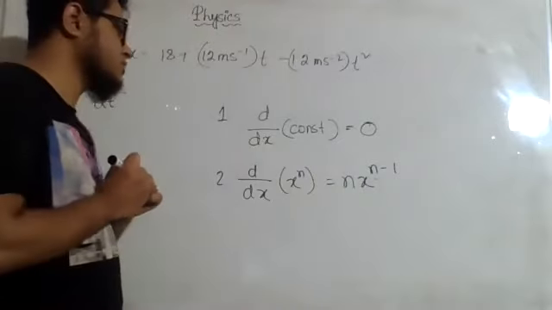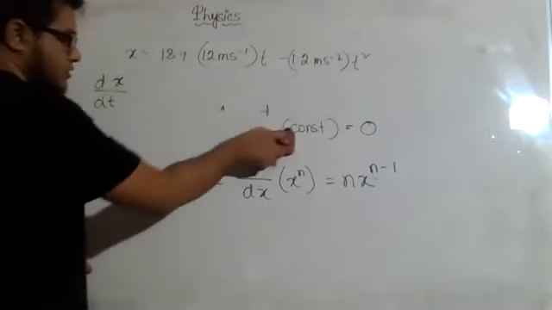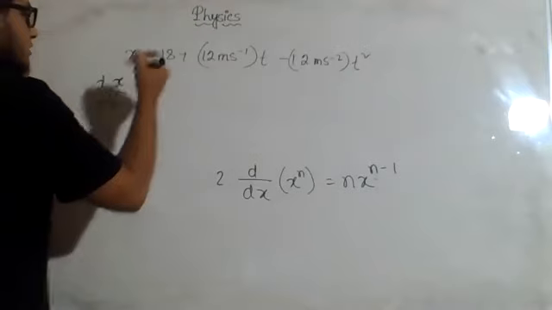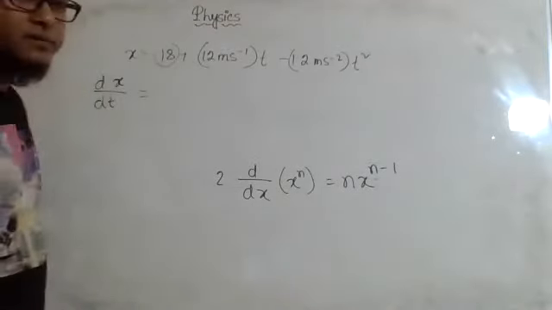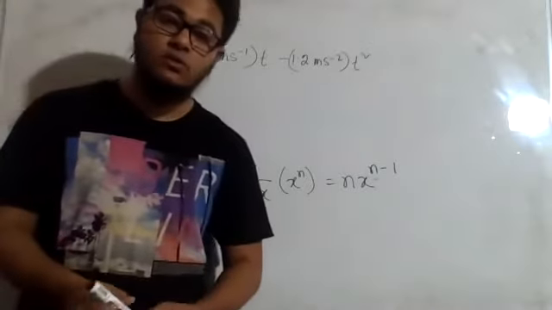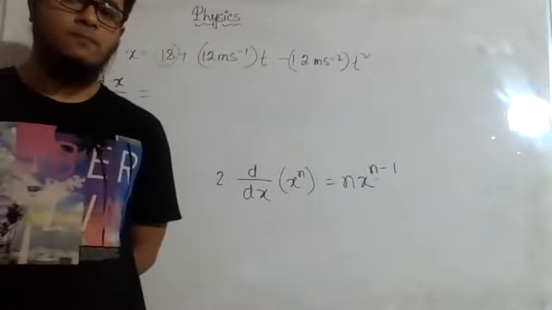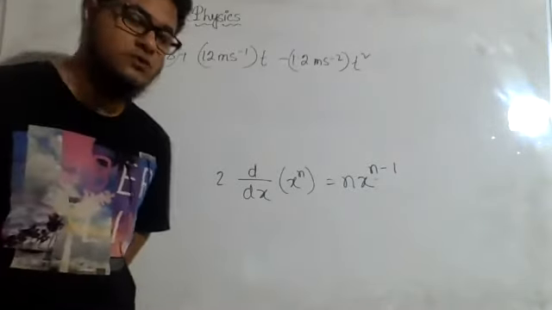So now let us try to apply this formula over here. Let me erase the first one so that I have space to write. Now, at first we have 18. Can anybody tell me whether 18 is a constant or a variable? Constant. Very good. 18 is a constant.